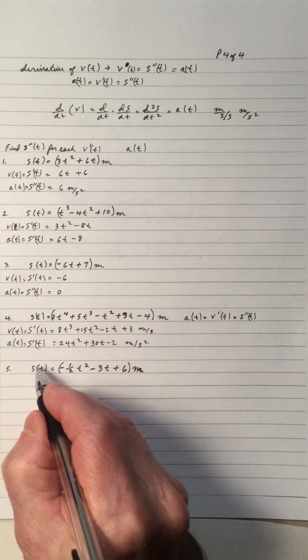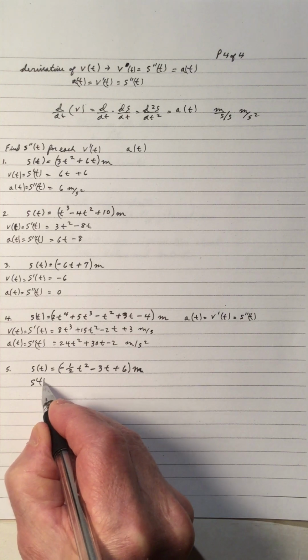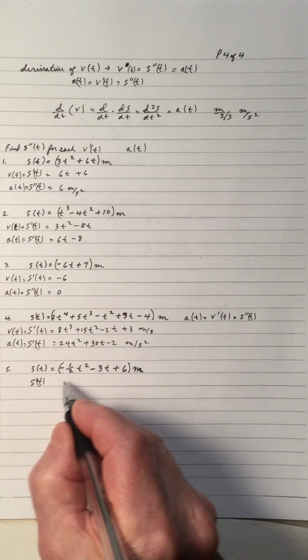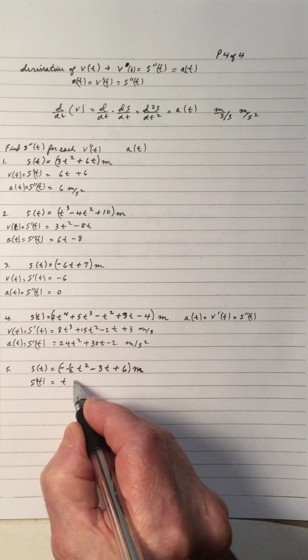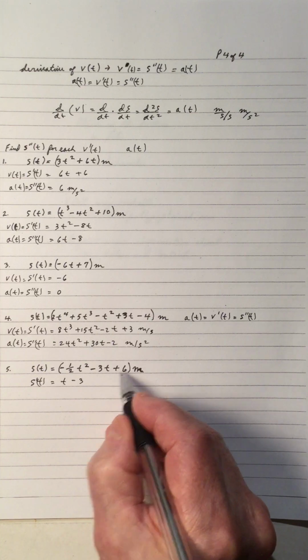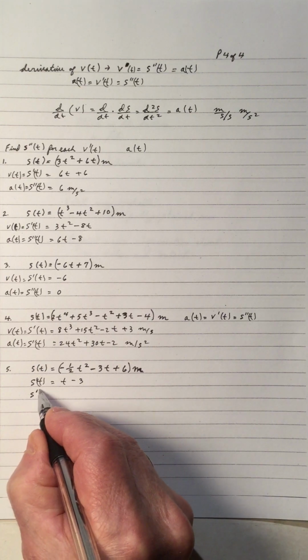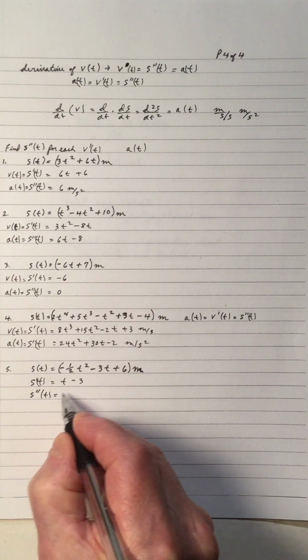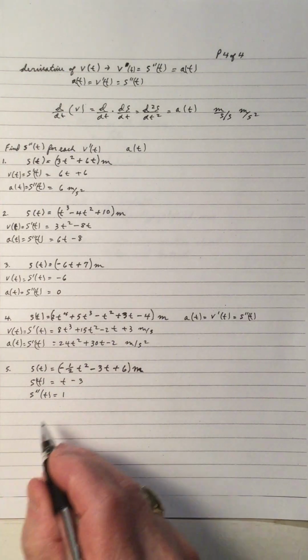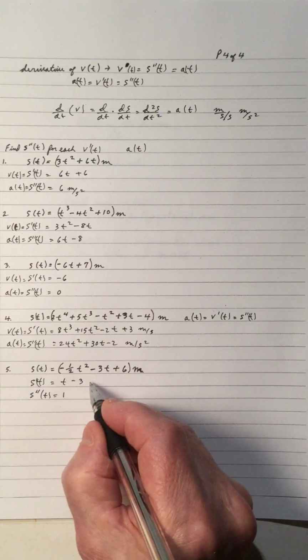Number 5, s of t, s prime of t, negative a half times 2 is negative 1, so that's negative t. Derivative of negative 3t is negative 3, derivative of a constant is 0, and s double prime of t, derivative of t is 1, derivative of a constant is 0. Again, this is meters and time is in seconds.